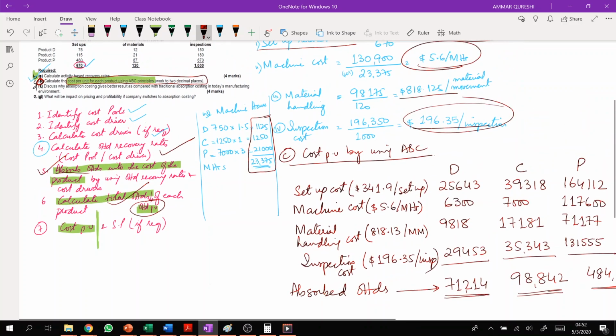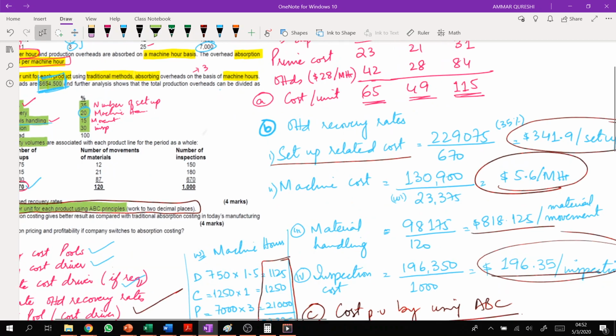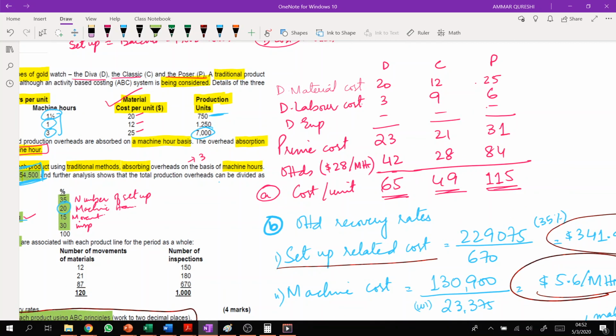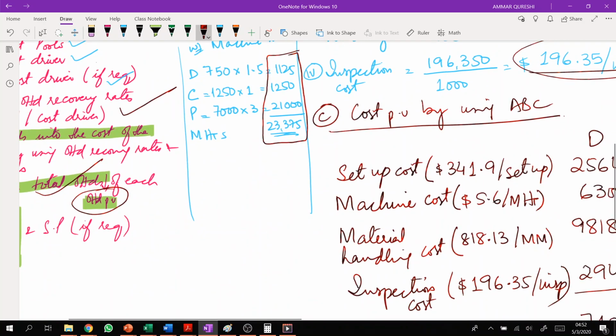So how will you calculate overhead per unit? Simply you have to divide it by the number of units, and the number of units are 750, 1250, and 7000, right?